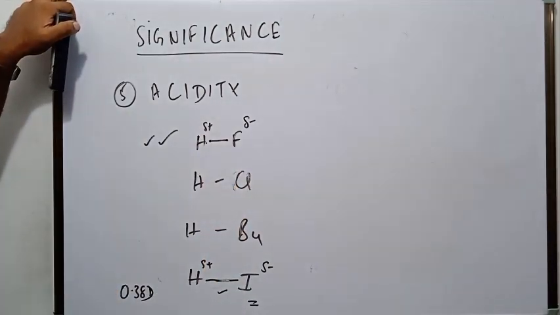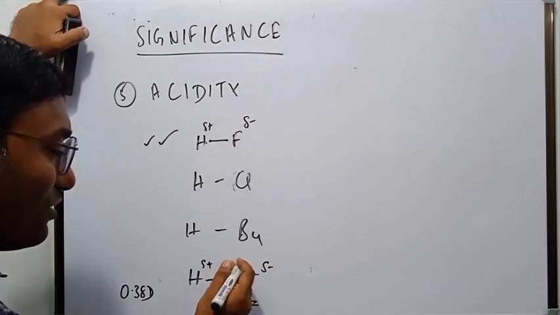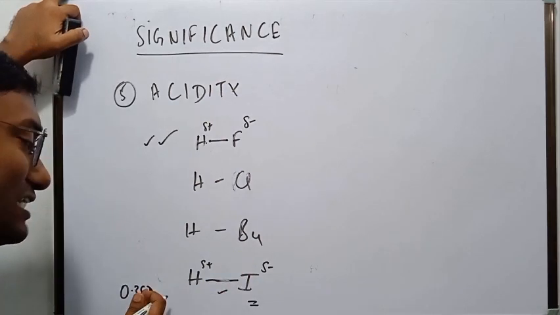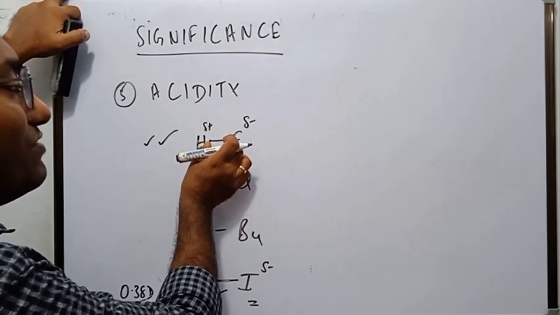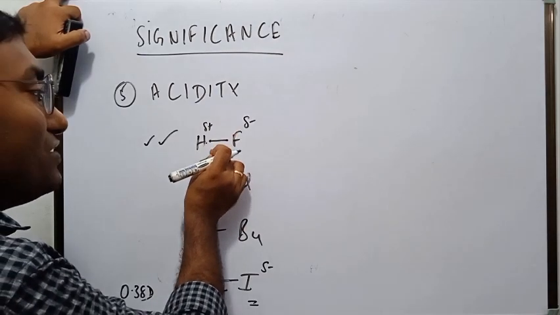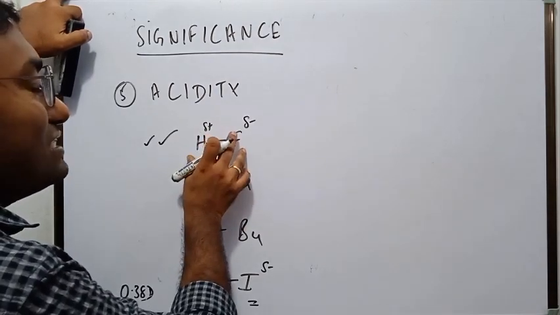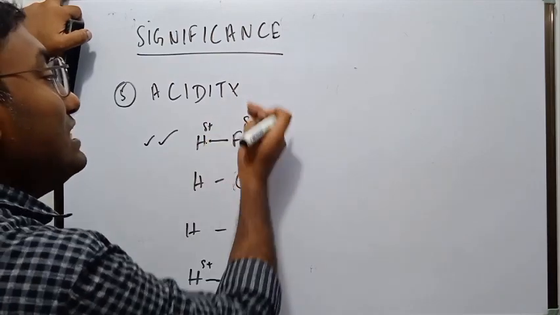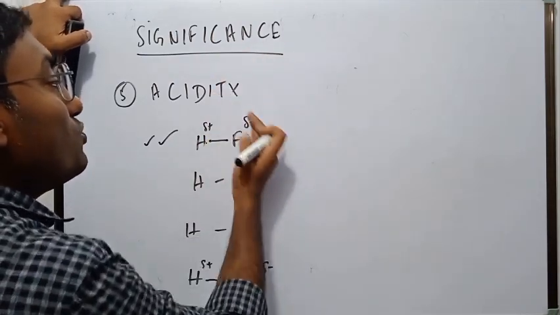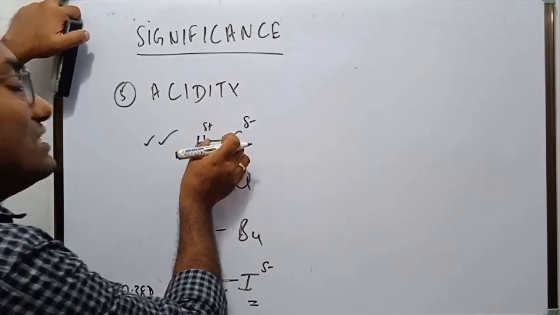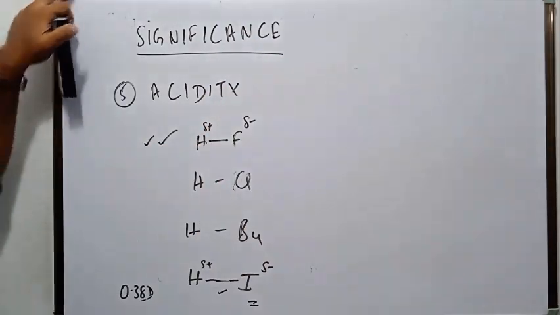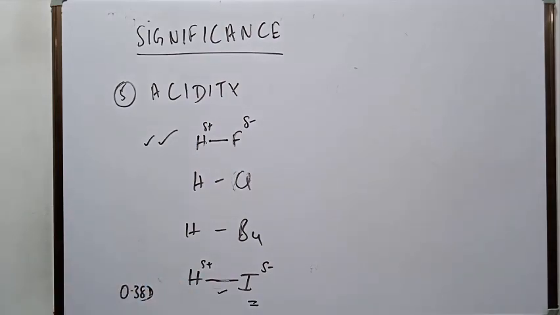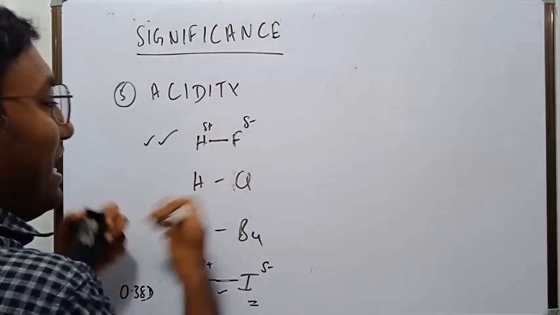Here the bond can be easily broken and H plus can easily dissociate. In HF the bond length is less, it has more bond energy, so it is difficult to break. Even though the polarity is high, the increase in polarity is not able to compensate for the increase in bond energy. That is why acidity increases as you go down.